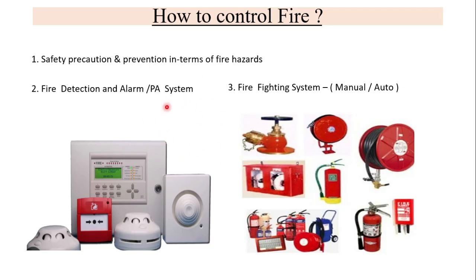So these are the firefighting systems we implement, basically how to control the fire. These three things are the major ones we have to keep in mind, and implement wherever we are working, and whenever we design or implement any safety hazard control.